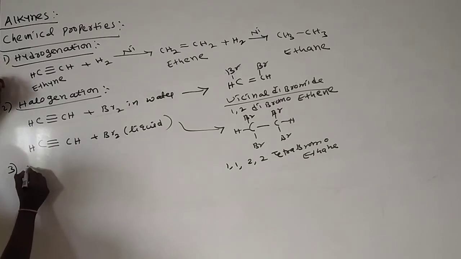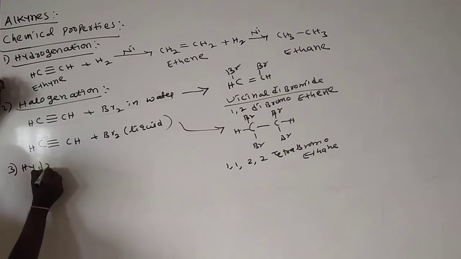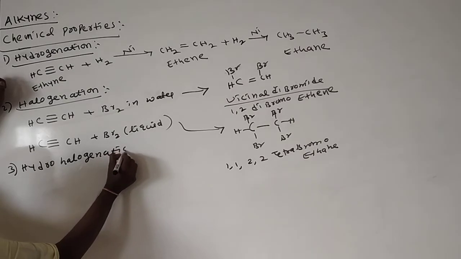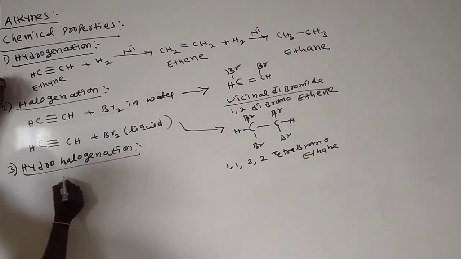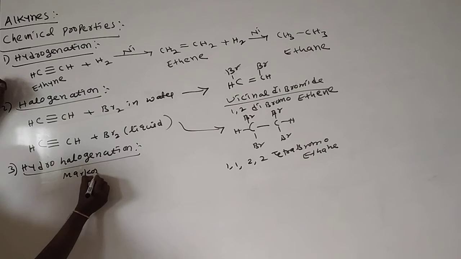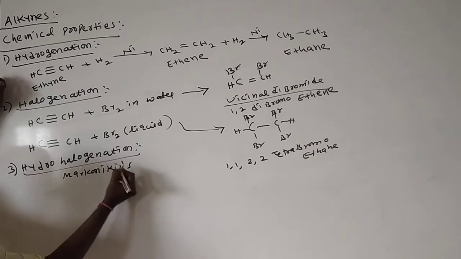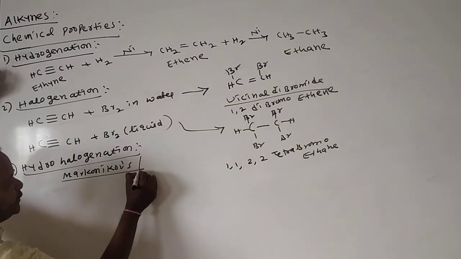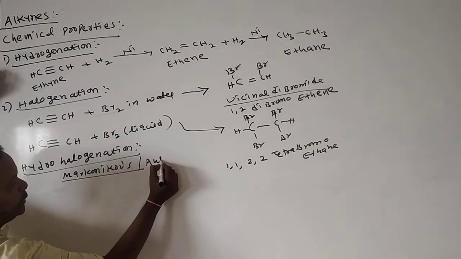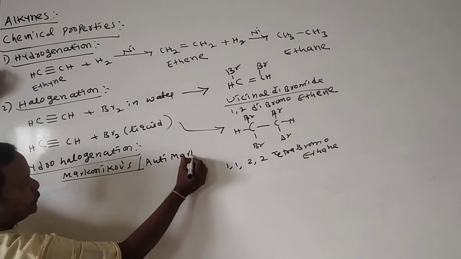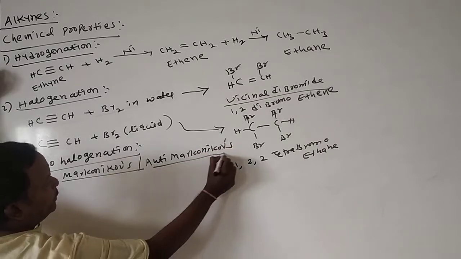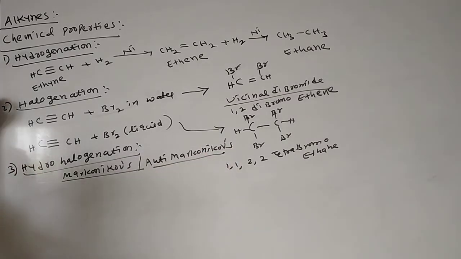Next, in continuation, hydrohalogenation. This hydrohalogenation proceeds through the Markovnikov rule. In symmetrical alkynes it is as usual, but in unsymmetrical alkynes it proceeds through the Markovnikov rule or anti-Markovnikov rule.